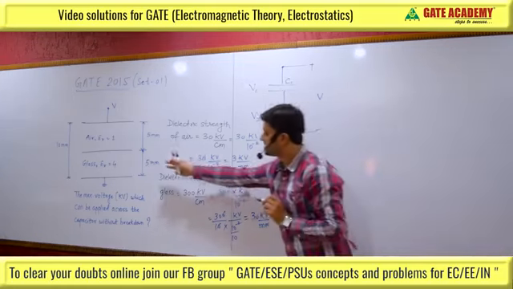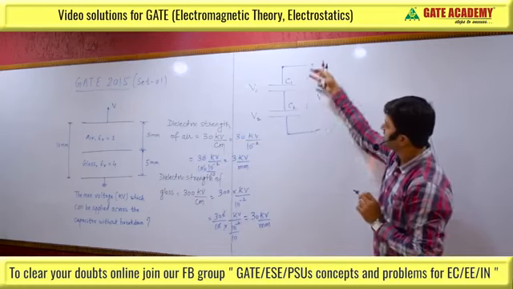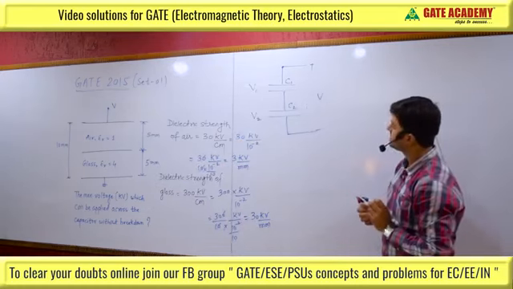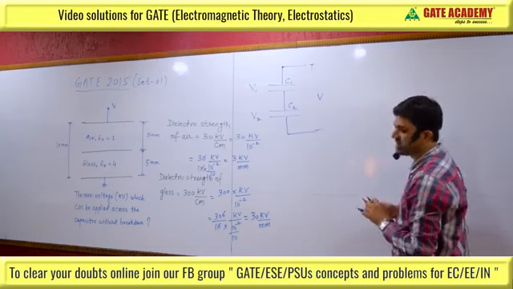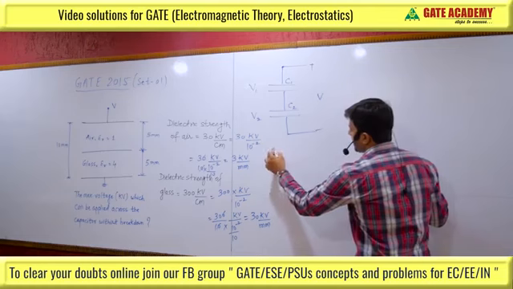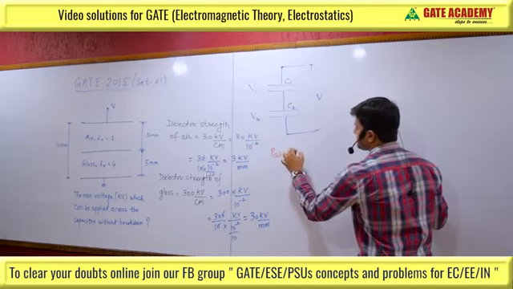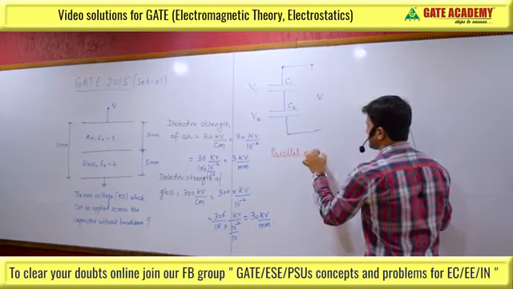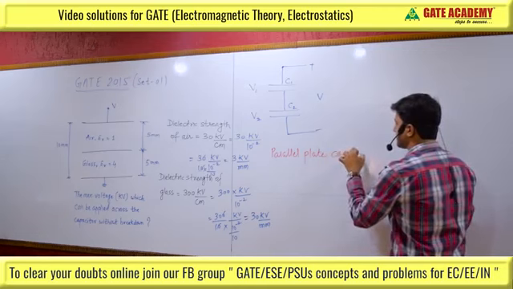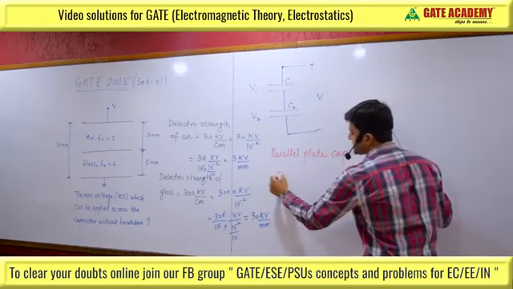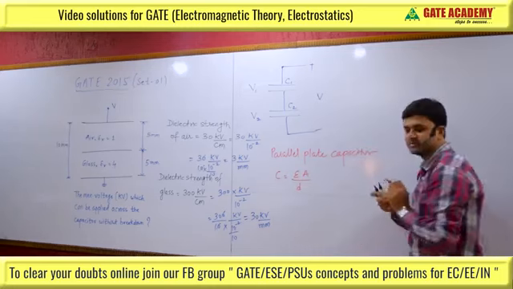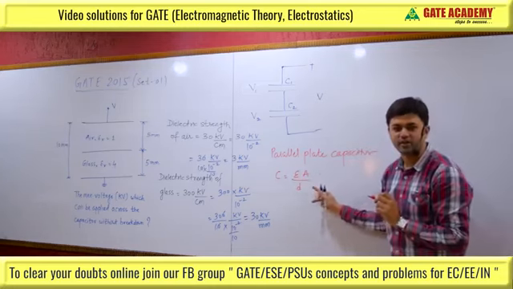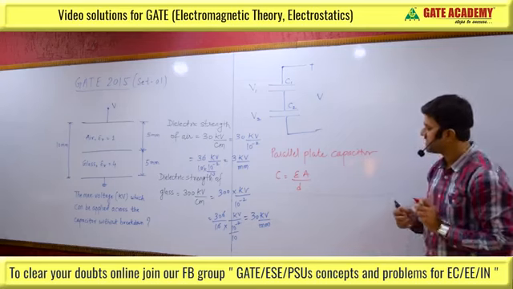So this arrangement can be drawn like this in the form of a circuit. Now because this is a parallel plate capacitor, capacitance is given by epsilon A upon d, where epsilon is the permittivity, A is the area of the plate, and d is the distance between plates.